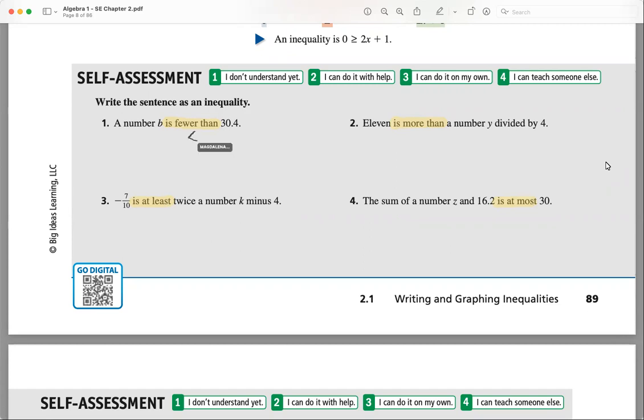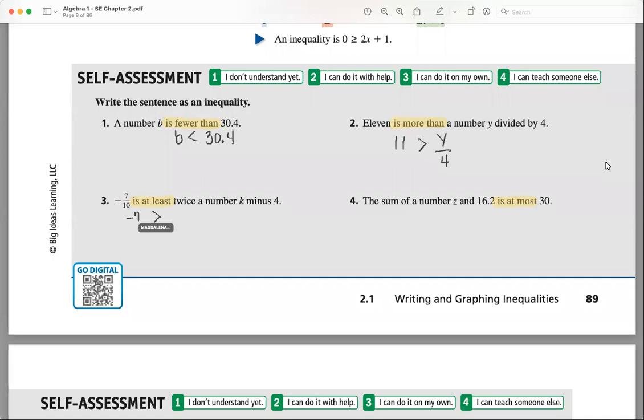So "is fewer than" is less than. B, a number B, less than 30.4. Number 2 is more than, and then I have 11 is more than a number y divided by 4. -7/10 is at least, okay, "is at least" is greater than or equal to.